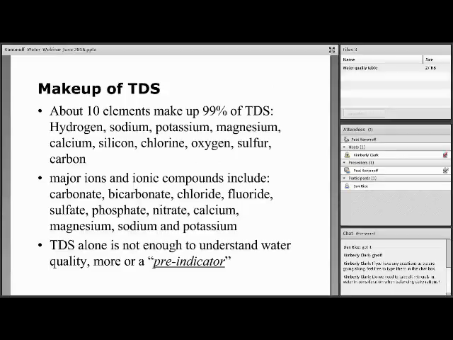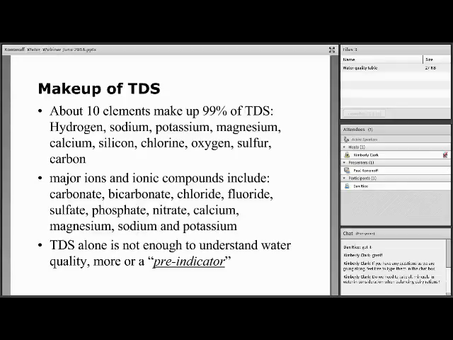What's actually in the total dissolved solids? Well, actually, there's a fairly short list of usual suspects. We've only got about 10 elements in water that make up 99% of the total dissolved solids. I've got those listed here. These 10 elements are really what's influencing the total dissolved solids.